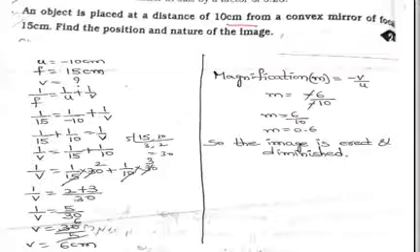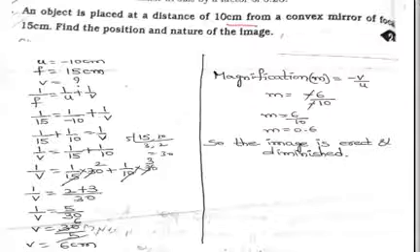In this problem, object distance u equal to minus 10 centimeters. Why? Because here we are measuring the object distance opposite to the incident ray. Imagine a convex mirror, and the object is placed on the principal axis.